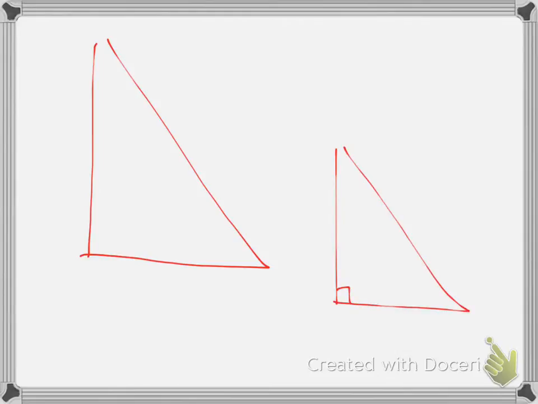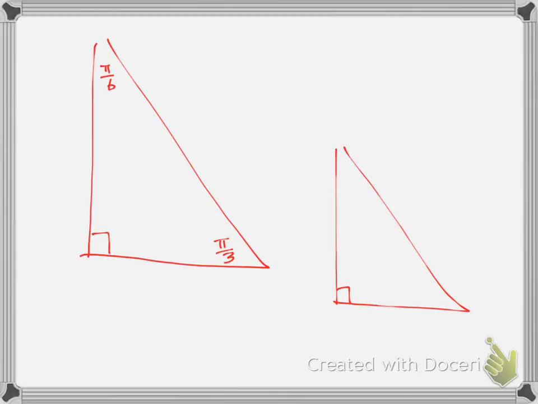In our reference triangles, it is a 30, 60, 90 triangle. I'll make that the bigger one here. But we don't want to use 30, 60, 90. We want to use pi over 6, pi over 3.